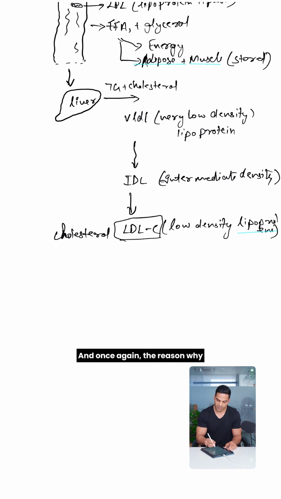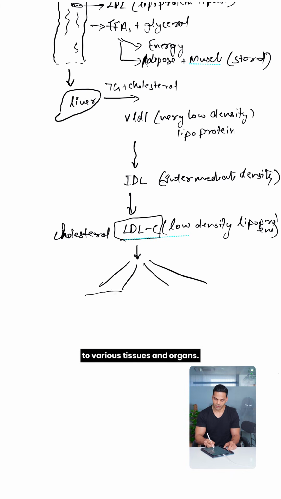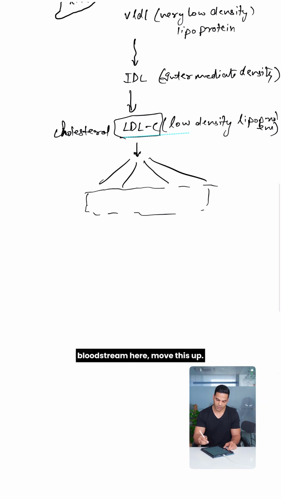And once again, the reason why this is happening is because the body needs the cholesterol and needs to send it out to various tissues and organs. Okay, so let me draw this on the bloodstream here. Assume these are your tissues, different organs.